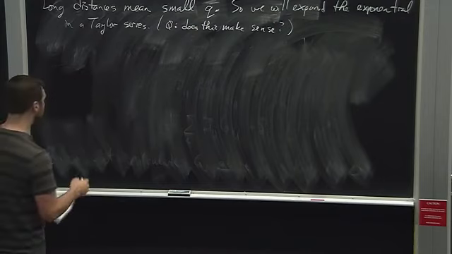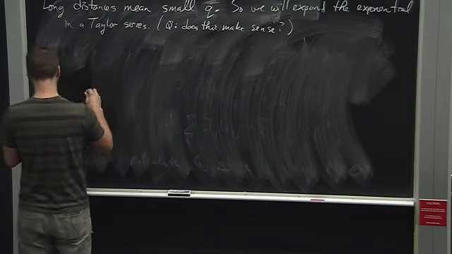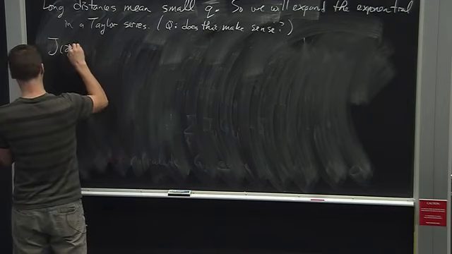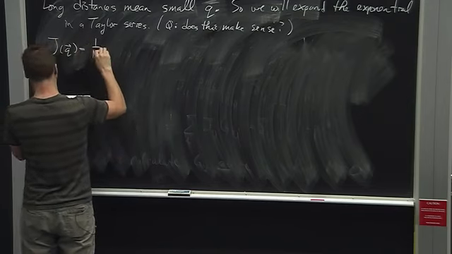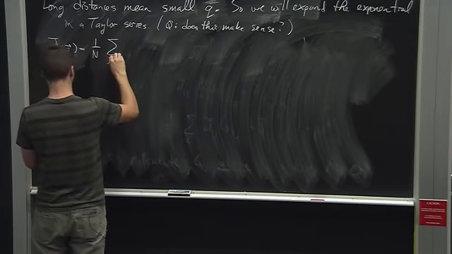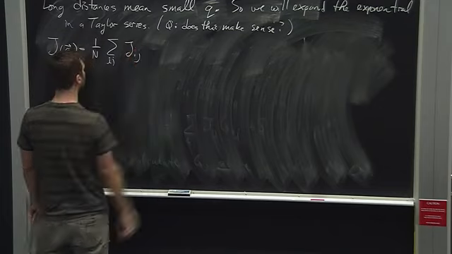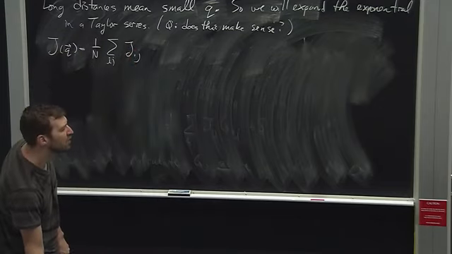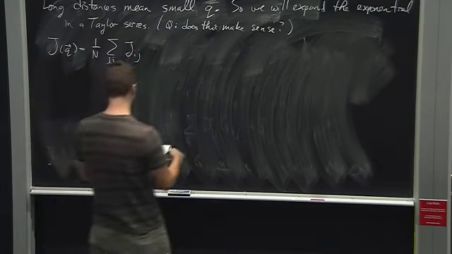Okay, so let's do this Taylor expansion. So J of q. Let's leave the sum over ij. Yeah, so it's the exponential.